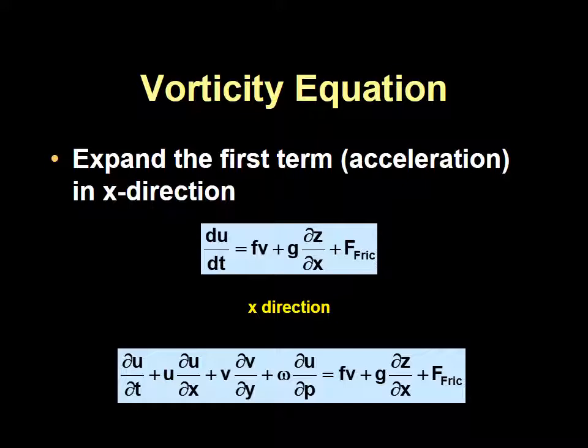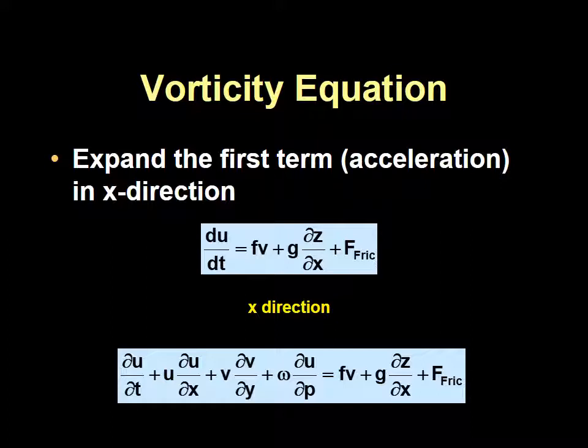After that, we're going to take the left-hand side and expand it. Remember, this equation is Lagrangian. It's following the parcel. So we have to break down that acceleration term into its local component and also its advective component. So that's what you see there.